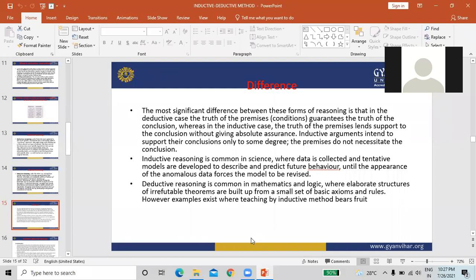Deductive reasoning is common in mathematics and logic, where elaborate structures of theorems are built up from a small set of basic axioms and rules. However, examples exist where teaching by the inductive method bears fruit.